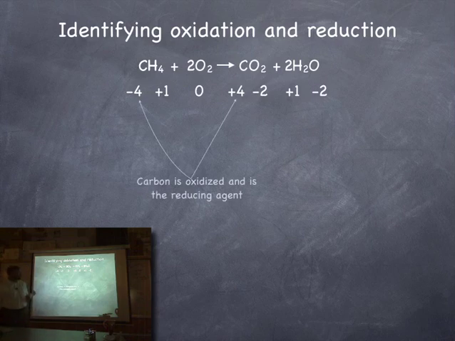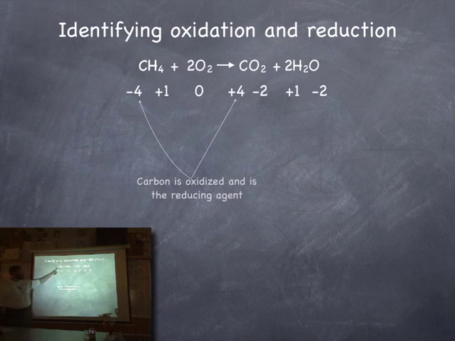It went from -4 to +4. Its oxidation number went up. That means it lost electrons, which means it was oxidized. Oxidation involves loss of electrons. When something is oxidized, its oxidation number goes up, more positive.